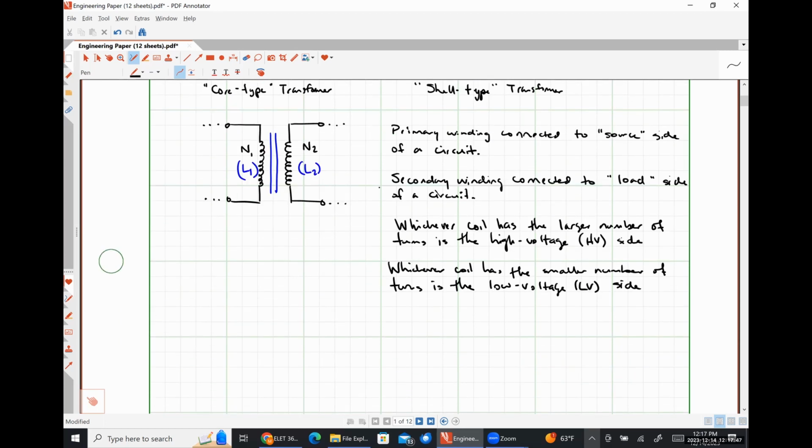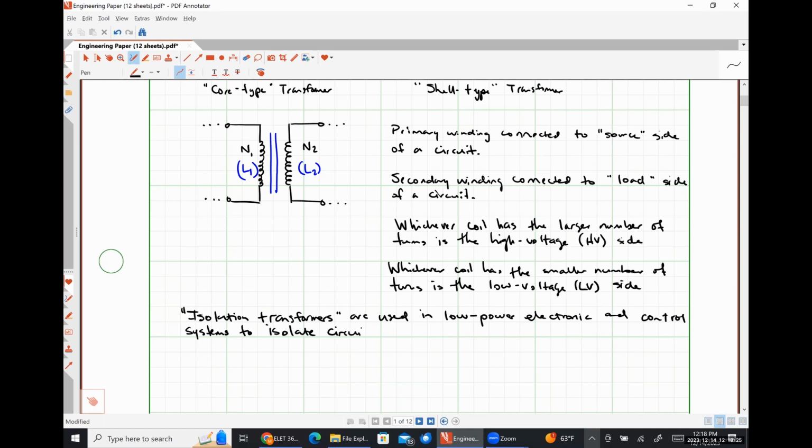So isolation transformers are used in low power electronic and control systems to isolate circuits and enable impedance matching for maximum power transfer.